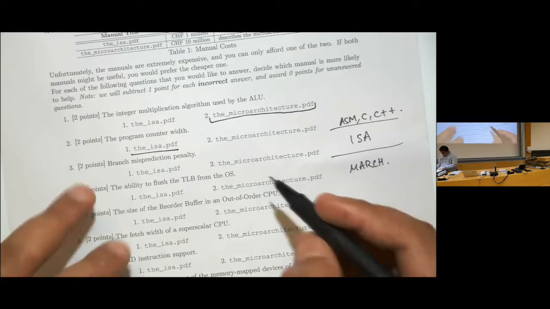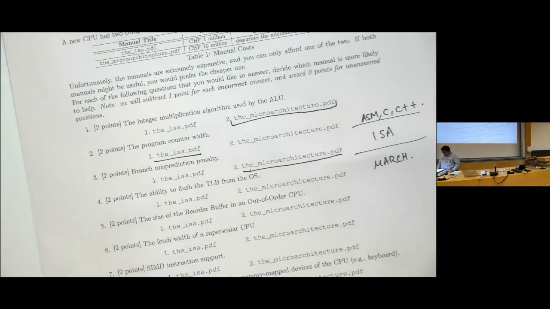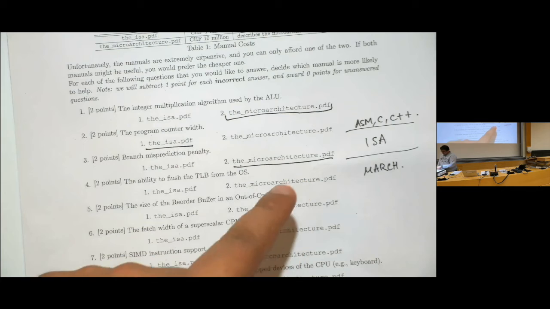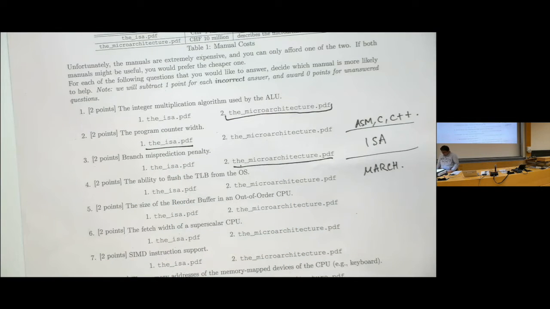So this again is specified in the microarchitecture. Again, in the second question, since it could be specified in both the manuals, we still go with the ISA because it's the cheaper one.